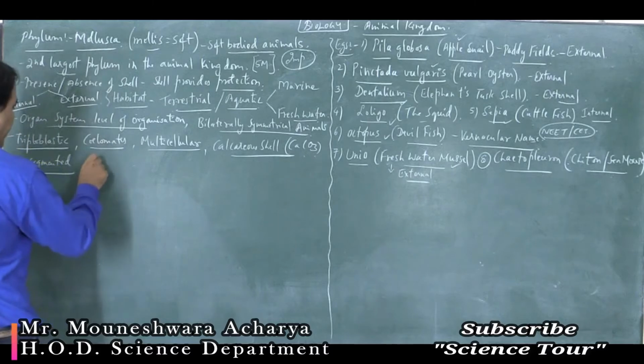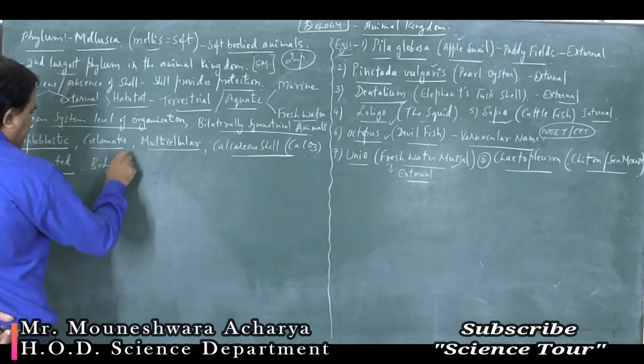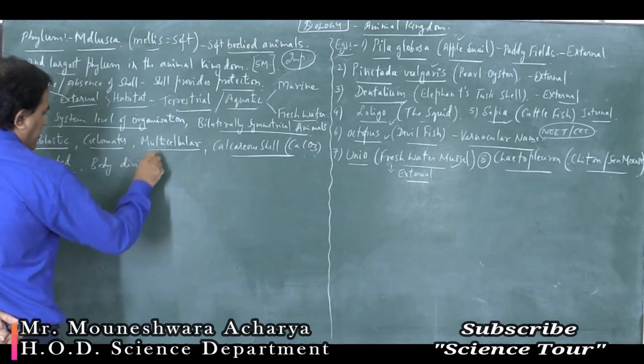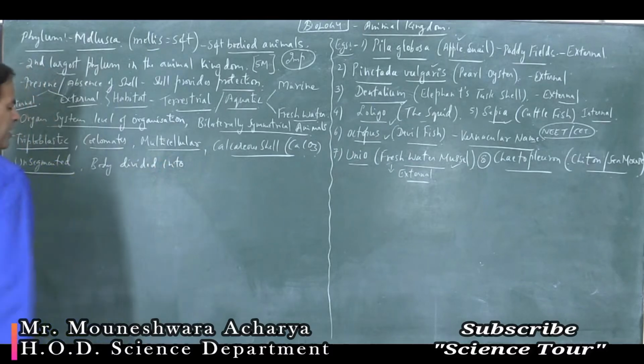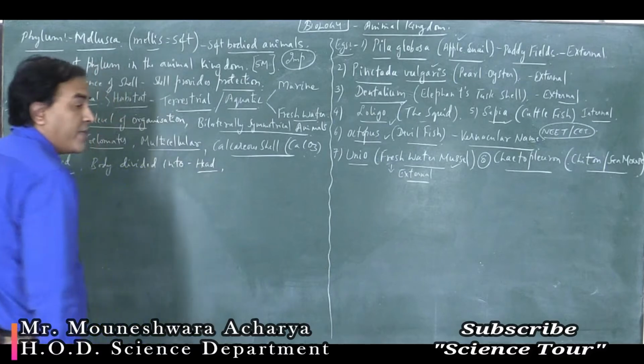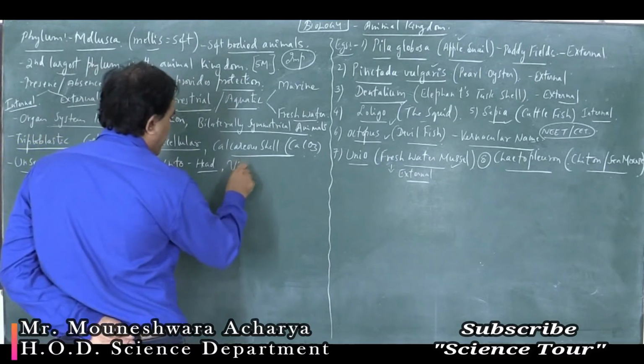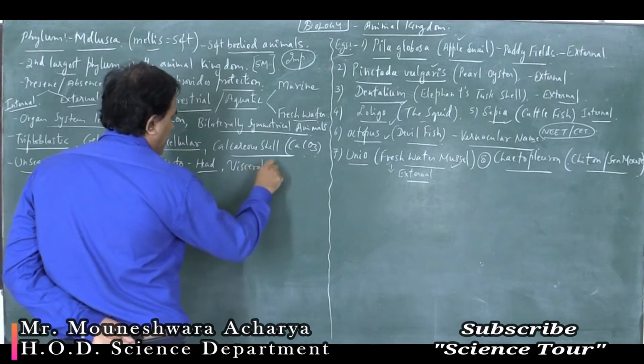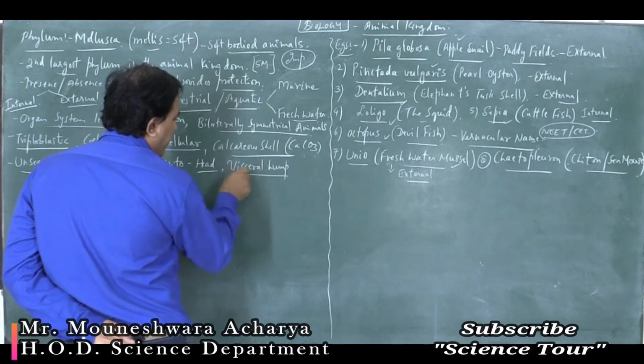Then body divided into 3 parts. They are, one is head, next visceral hump, and third one being the foot.